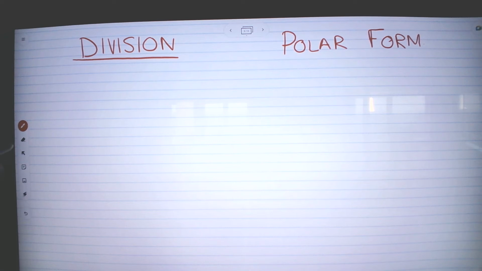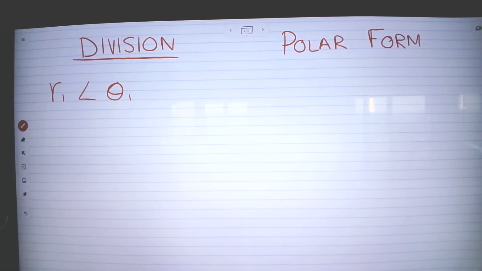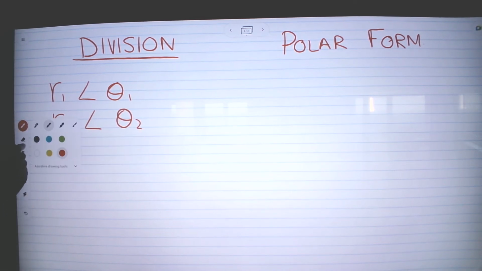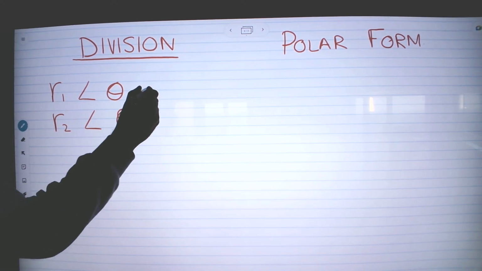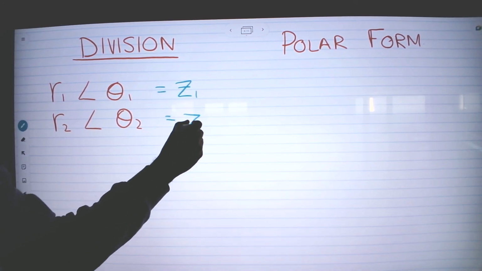Let's say I have two numbers, r1, angle theta 1, and another one, r2, angle theta 2, and we need to divide them. We need to divide these two polar forms. Let's say the top one is z1 and the bottom one is z2.